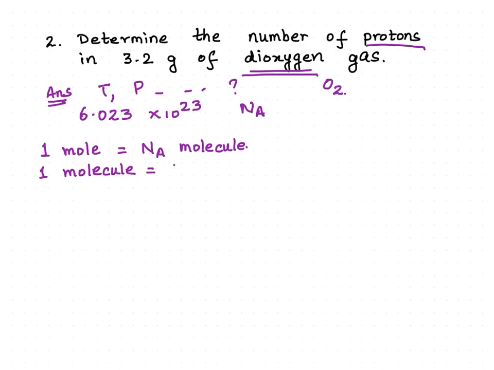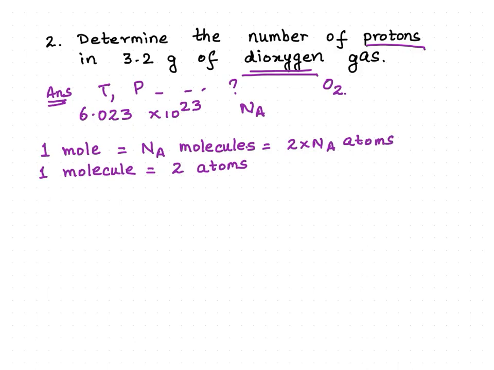Yes, absolutely, 1 molecule is made up of 2 atoms. Therefore, Na molecules will contain how many atoms? Correct, twice the number of atoms, so 2 into the Avogadro number of atoms.